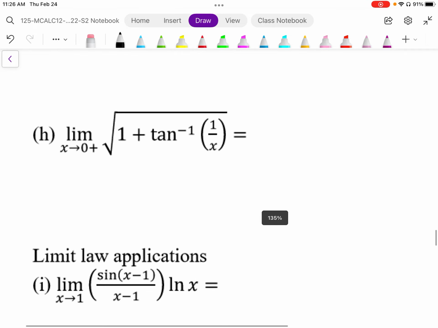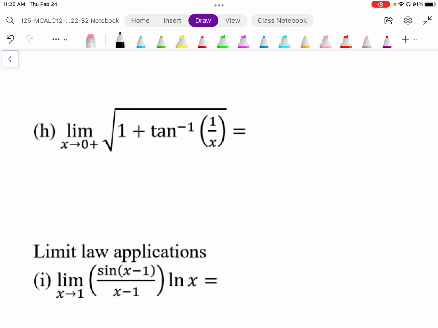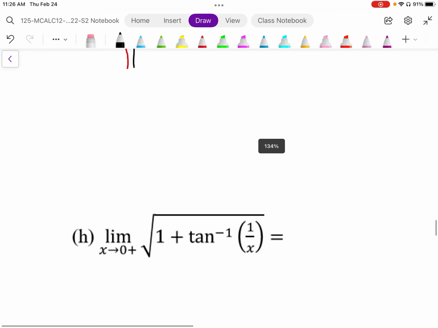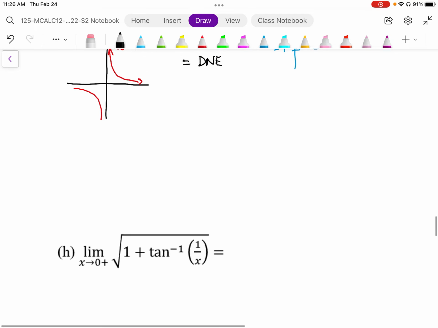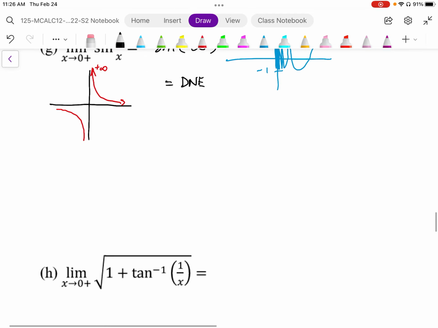For the next one, we have the limit as x goes to 0 from the positive side of the square root of 1 plus inverse tan of 1 over x. So we have to think of what's happening to this function. Again, we're looking at this 1 over x function. If we take a look at the above diagram, just this part is doing this.